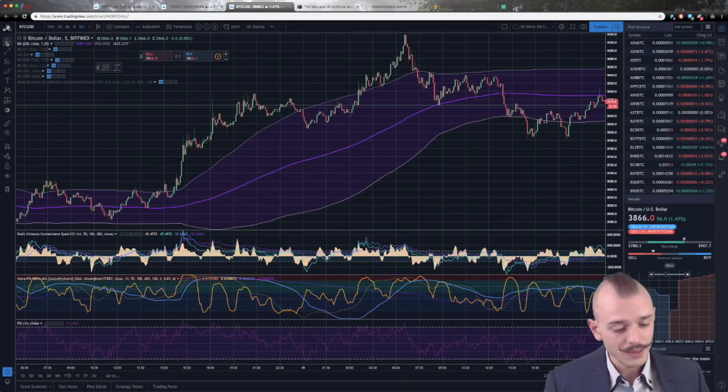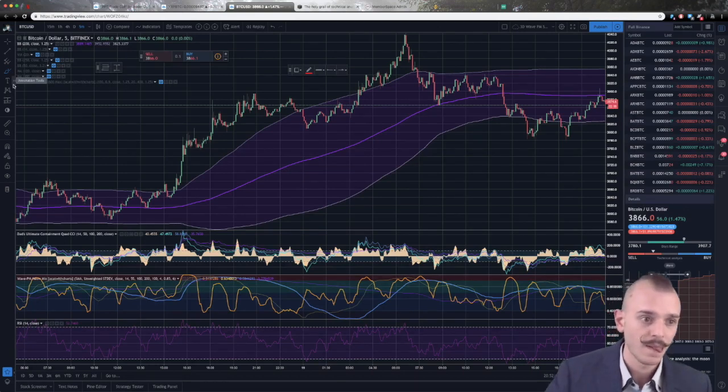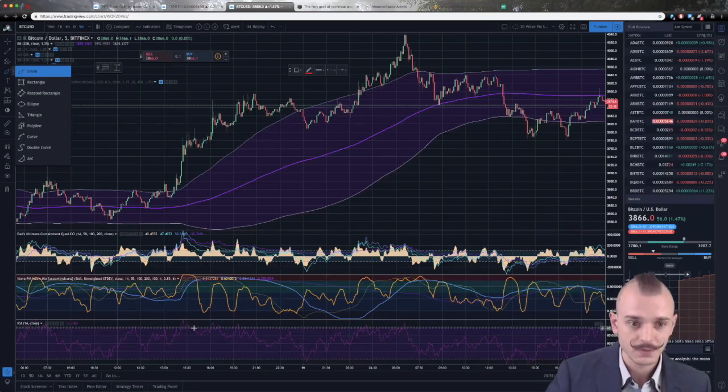So the difference between a condition and a signal is very important. Market condition represents how signals will be interpreted, right? This RSI right here, rolling down, that's a signal. But it doesn't account for the condition of the market.